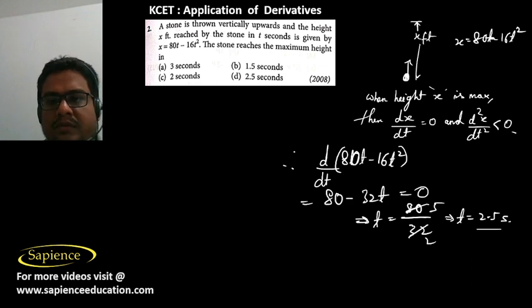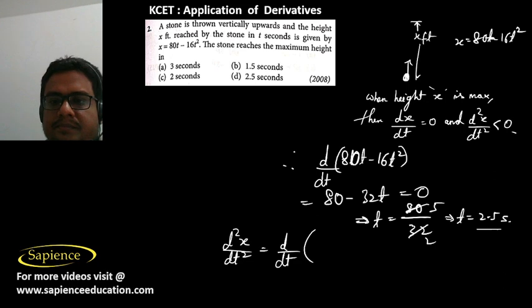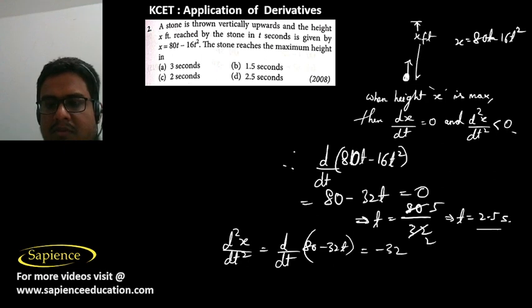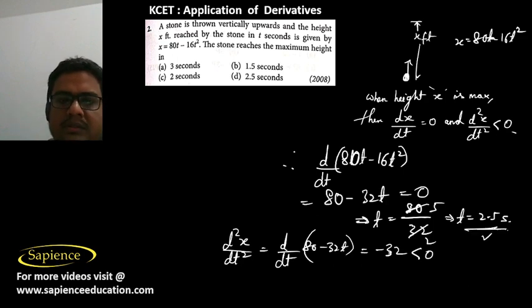At t equal to 2.5 seconds, dx by dt is 0, and d square x by dt square, that is d by dt of dx by dt, is minus 32, which is less than 0 at any time t. Therefore at t equal to 2.5 seconds the stone will reach the maximum height, and that is the answer.